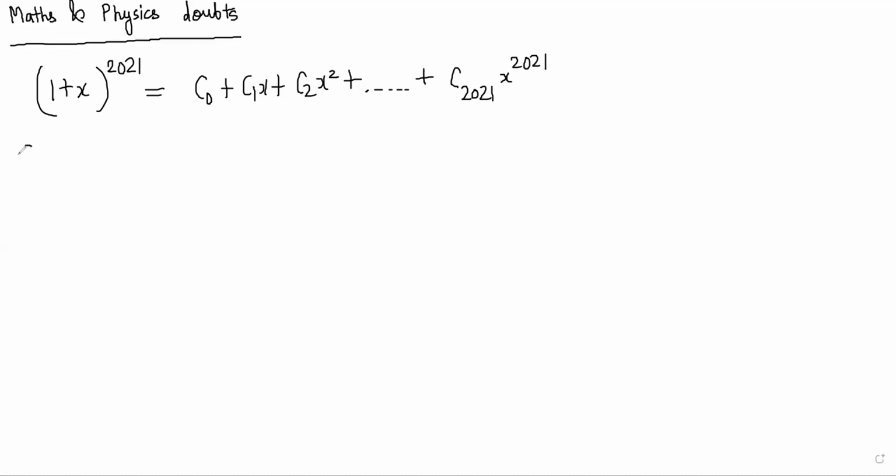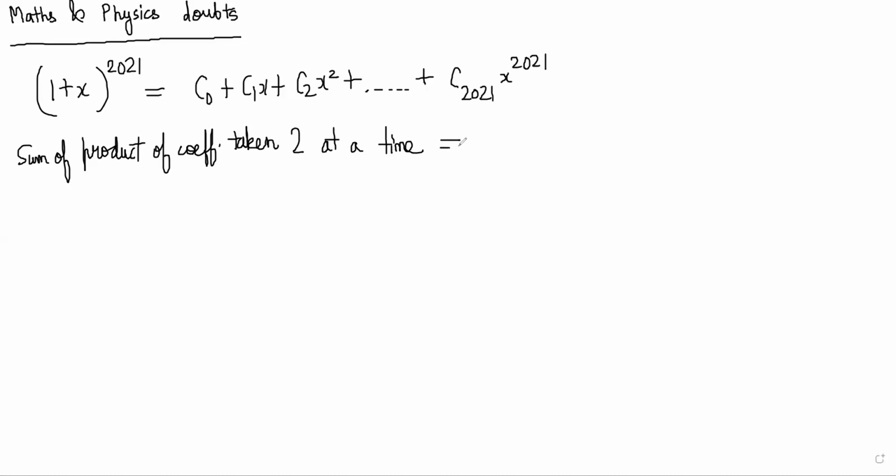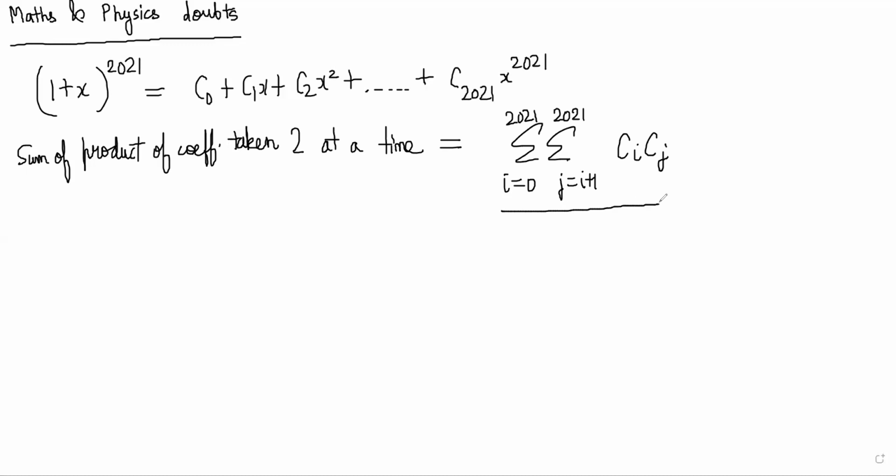So the sum of product of coefficients taken two at a time, you can represent it like this: i goes from 0 to 2021, and j is equal to i plus 1 till 2021, of Cij. Actually, this is easy only. You have to find the value of this, right?